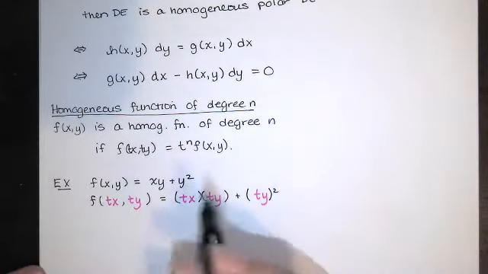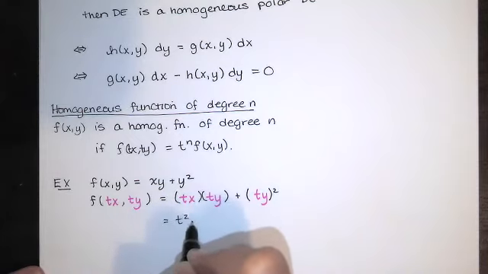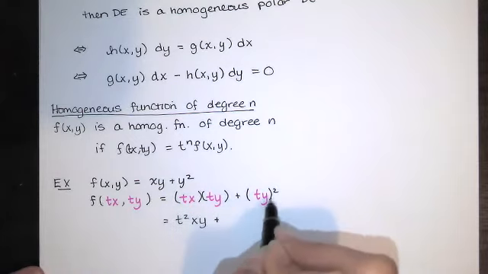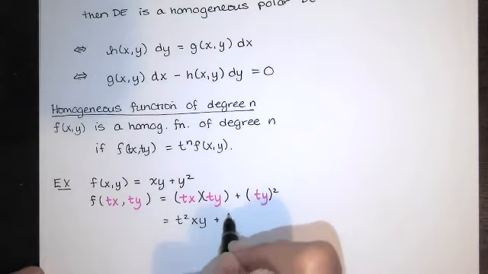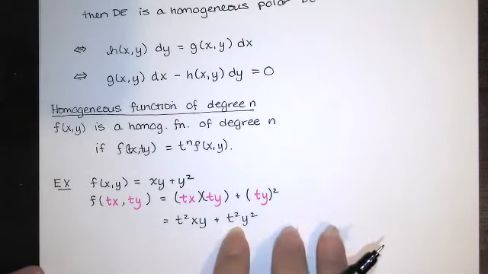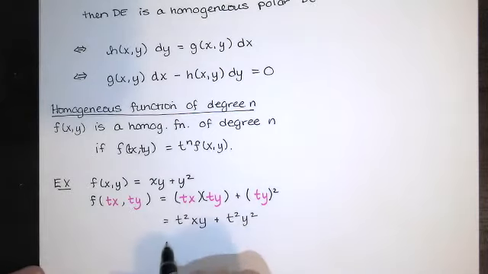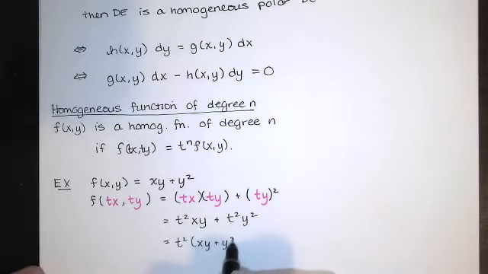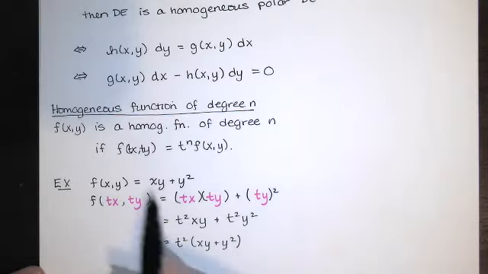You've got t times t is t squared, and you've got an xy here. And if you've got a product inside, you're squaring the t and you're squaring the y. Then I look at both of these terms and I factor out the highest power of t I can. They have a t squared in common, so we'll factor that out. And I'm left with an xy plus y squared, and that was my original function.